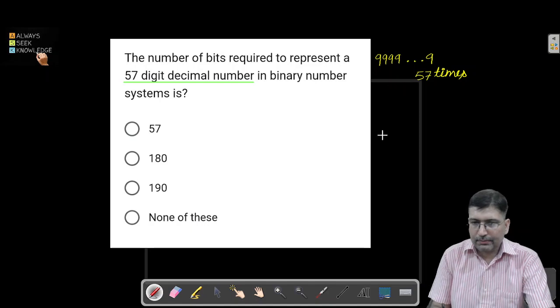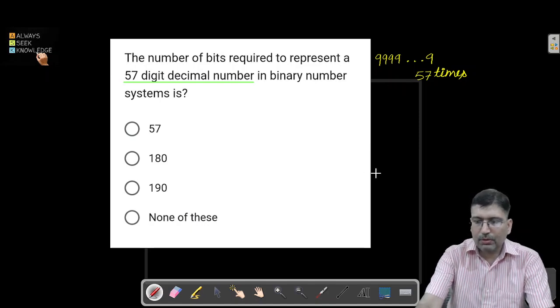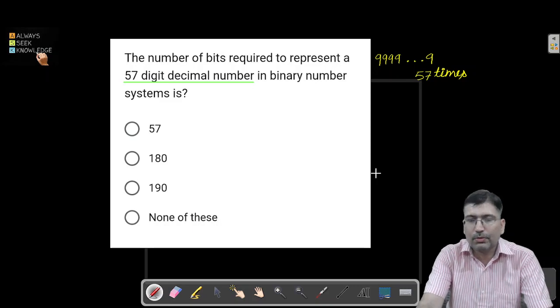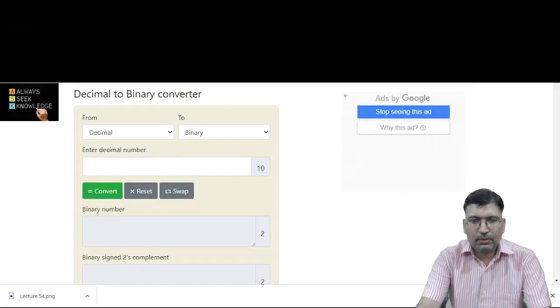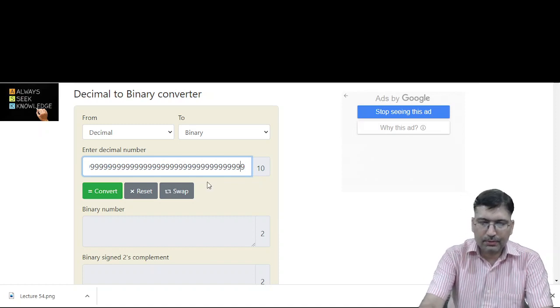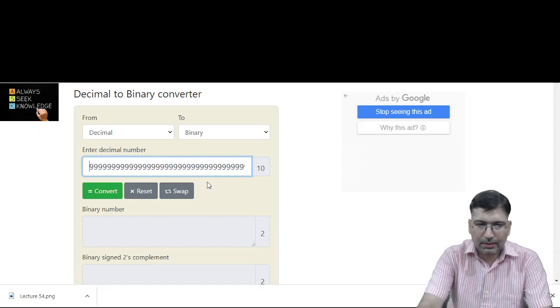If you do that, let's say I use an online converter from decimal to binary, and let's check what value we will get. I am writing 9 57 times. So I have typed 9 57 times here, and the base value is 10.